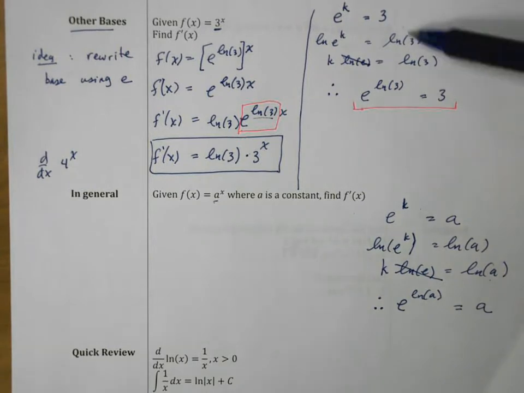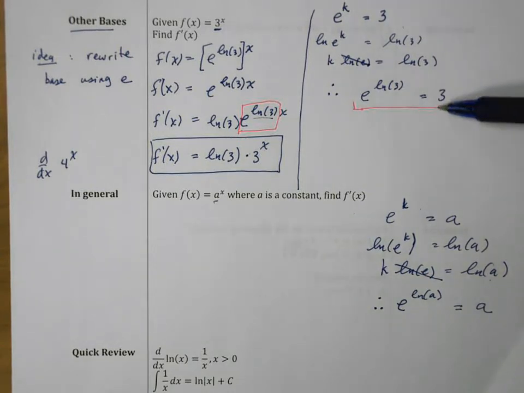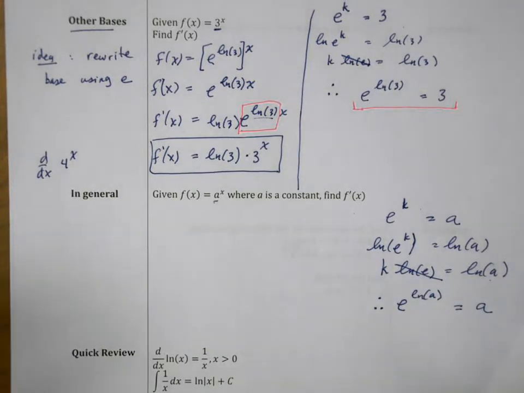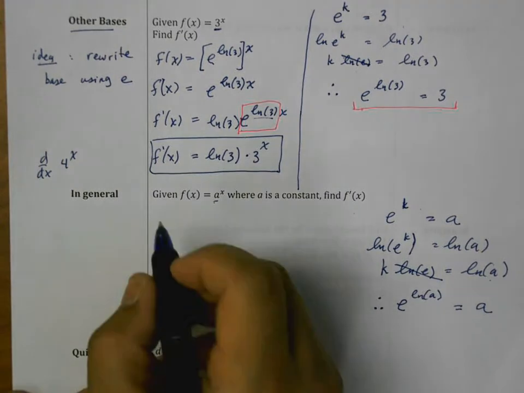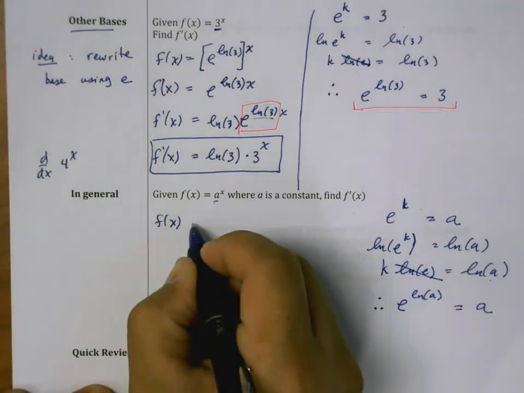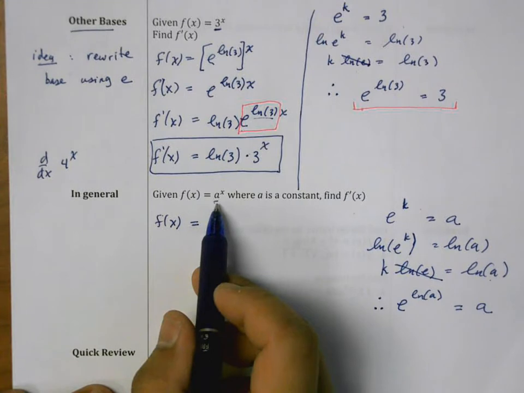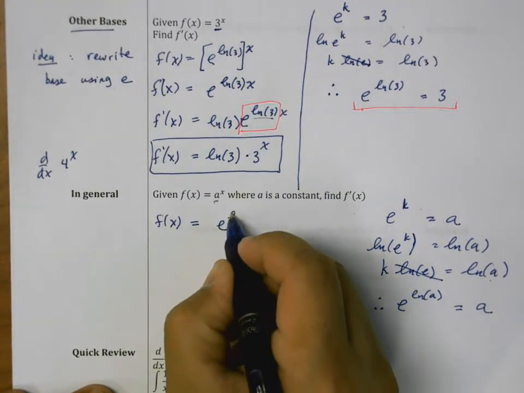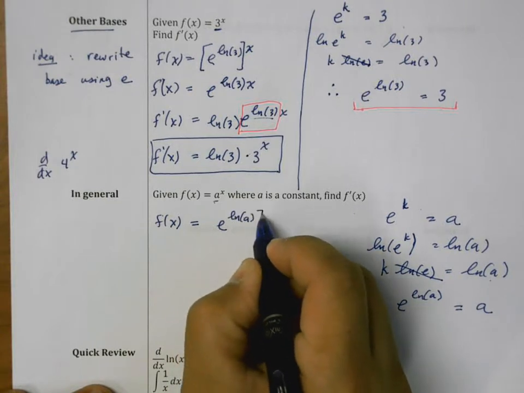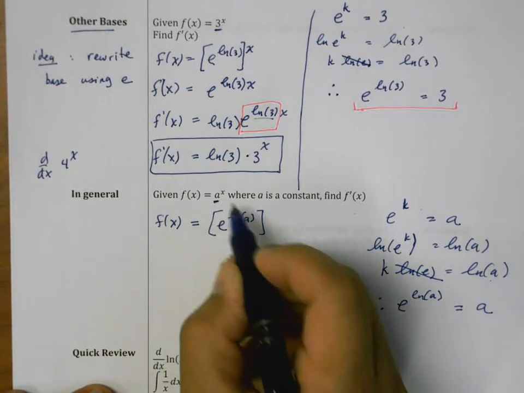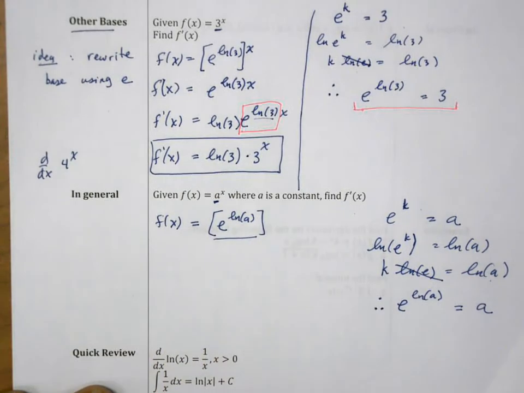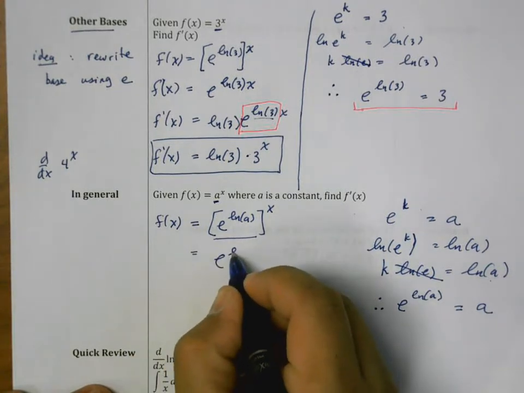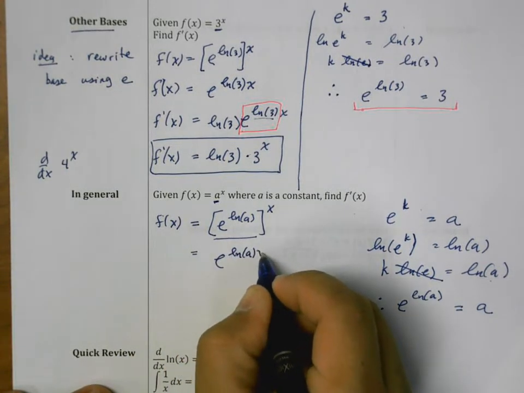So you can kind of see what I'm doing here. I'm basically redoing this problem, but instead of using a raw number, I'm replacing it with a letter to generalize the process. And now let's do the same thing here. Rewrite f of x. Instead of a to the x, I'm going to rewrite it using e. So this is going to be e to the natural log of a, raised to the x, which is equal to e raised to the natural log of a times x.